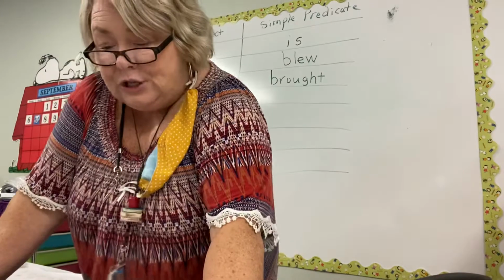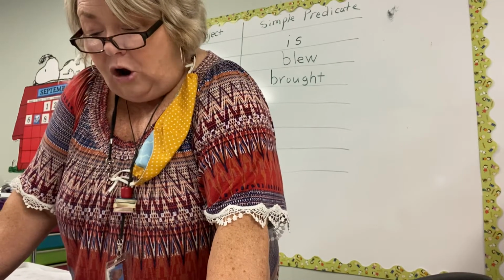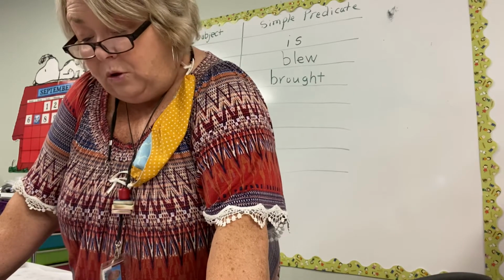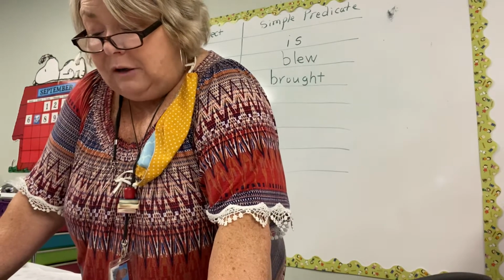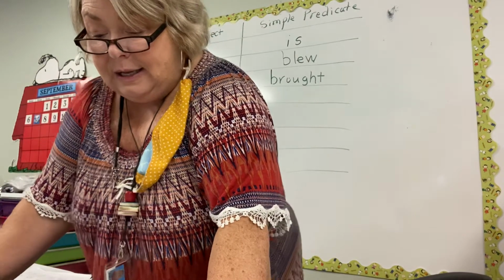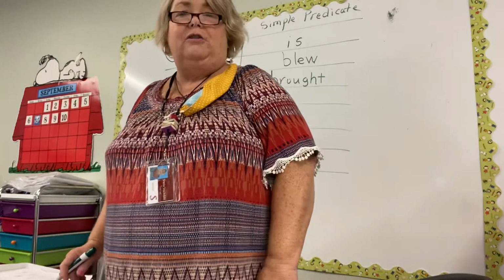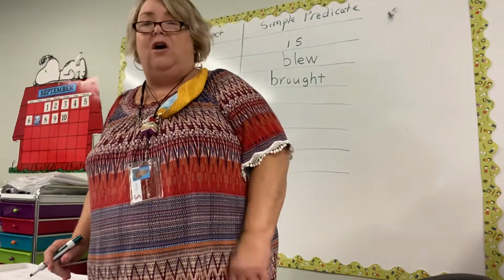All right, so number 1: Most beets are dark red or purple. Where would we draw our line to divide that sentence, Jennalise? Between beets and are. So everyone should draw your line there between beets and are.